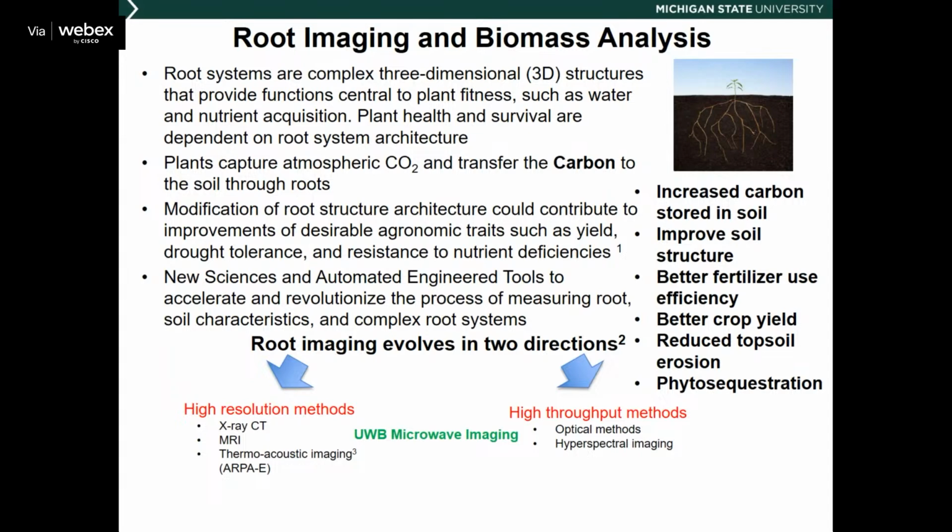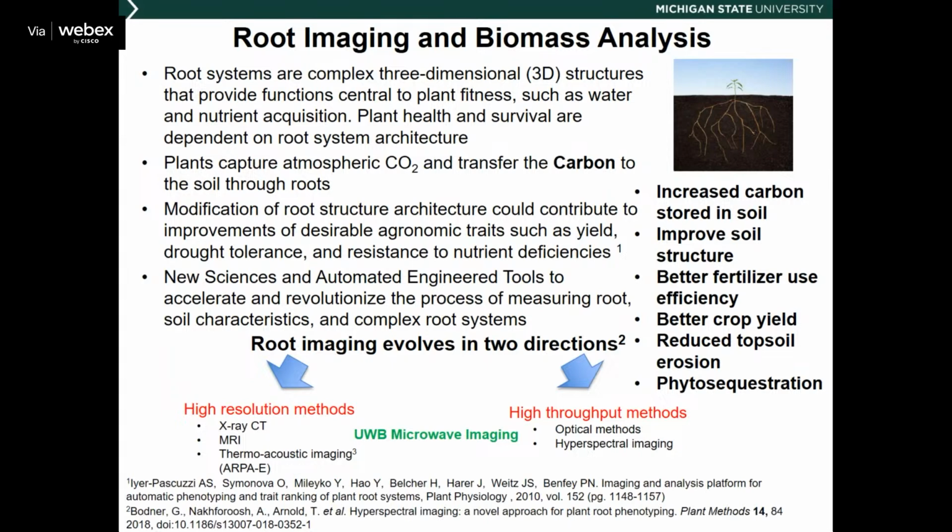Of course, this is a very high level and ambitious goal that we want to achieve by understanding the simple root structure through NDE methods. Our preliminary results were published last year, and you can search my name, root imaging, and you'll find a paper published using ultra-wideband microwave imaging. And I list a couple of studies here that you can read further if you want more information on what other people have done so far.